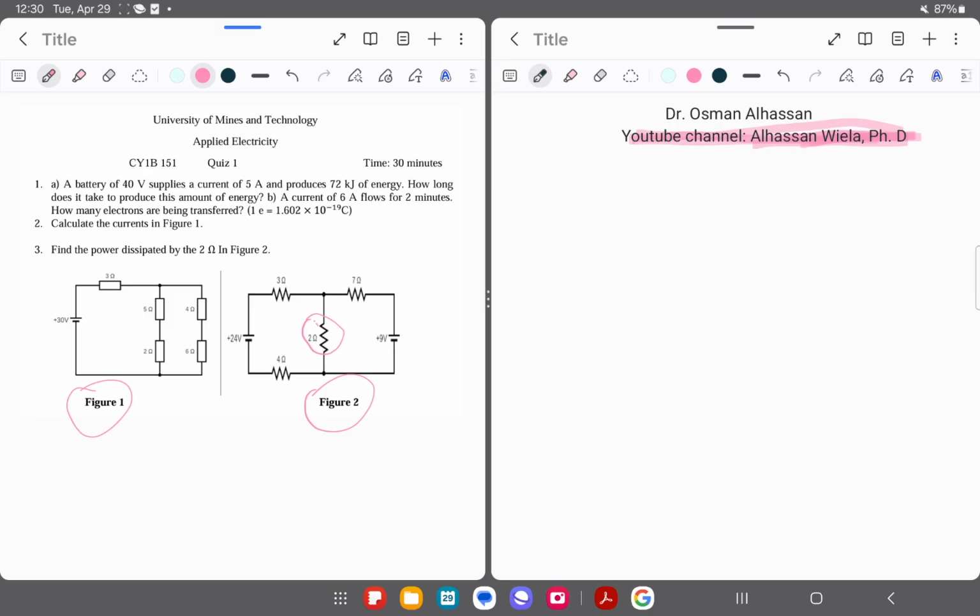When it comes to question 2, I'm going to solve it using the branch current method, right? And then question 3, I'll be using the source transformation method to solve it. This is because I want to ensure that there is diversity in the solution. In the quizzes that I've already solved, I've used different methods and theorems.